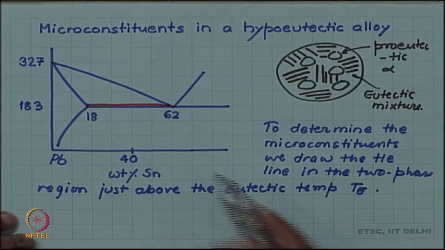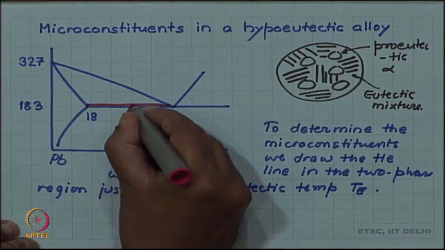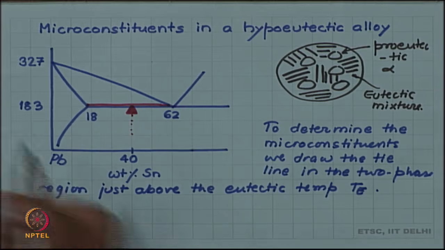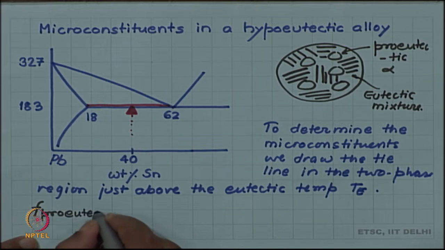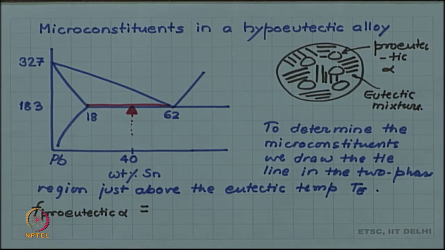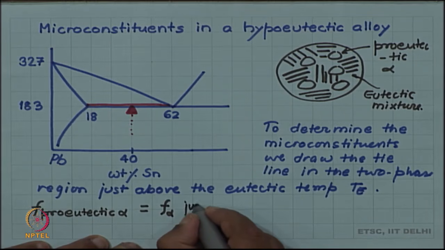And then of course, our alloy composition which we had selected was 40. That is the fulcrum of our lever, and then the pro-eutectic alpha which we want to calculate: the fraction of pro-eutectic alpha in the alloy is nothing but the fraction of alpha just above TE.